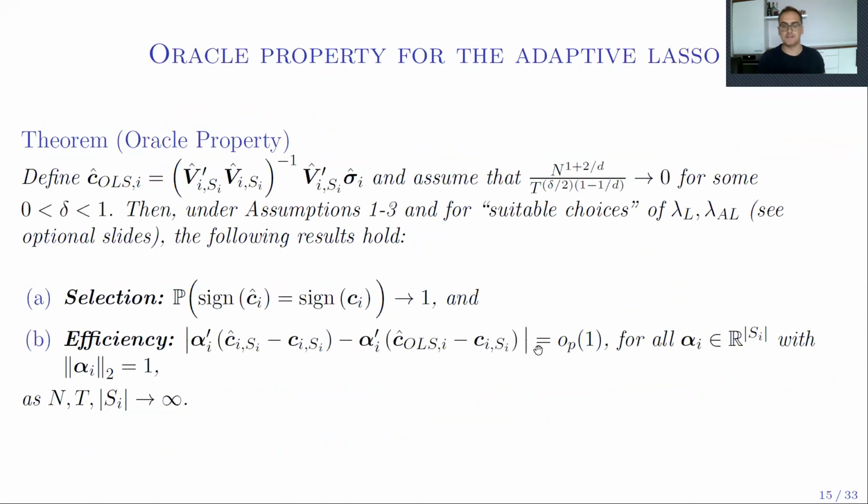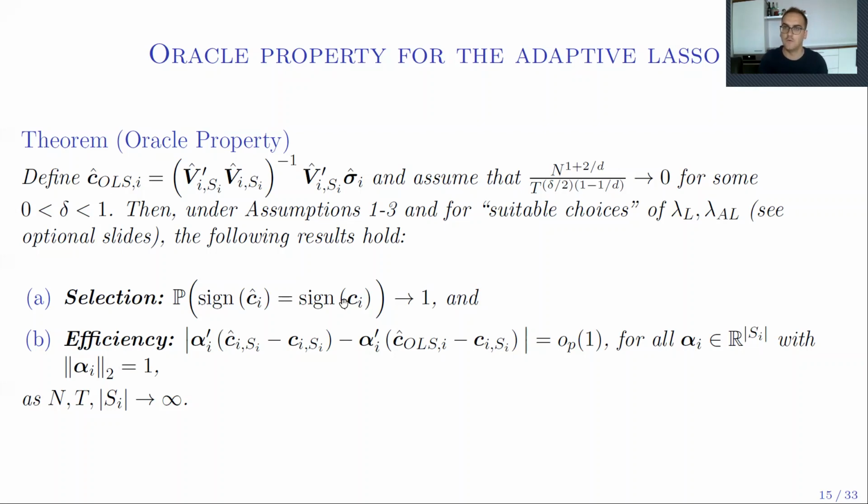For the adaptive lasso, we can go one step further, because we know that the adaptive lasso allows to also simultaneously obtain selection consistency. So if we put some extra assumptions on the penalty for the lasso and the adaptive lasso, again, they are shown at the end, then we can obtain the following two results, where we see that with probability converging to 1, the signs of our estimated coefficients correspond to the true signs.